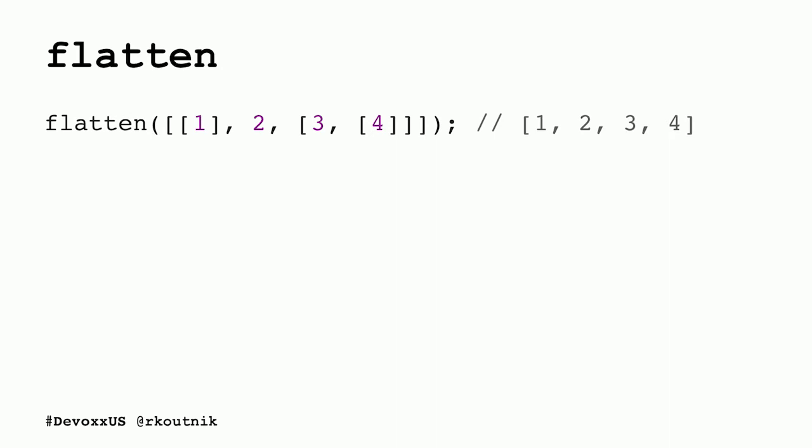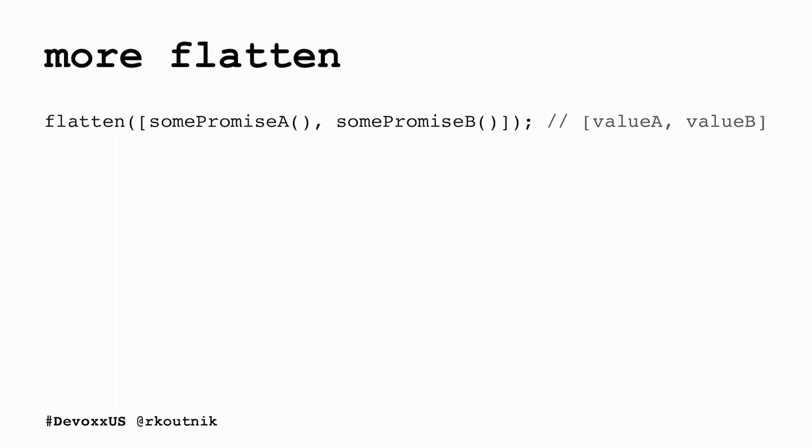But most of the time we talk about flatten, we're just talking about unpacking one layer. So we can unpack arrays, as in this example, but there are other things that are unpackable as well. Promises, for instance. Flattening a promise means to unpack it and only return the resulting data from the promise.